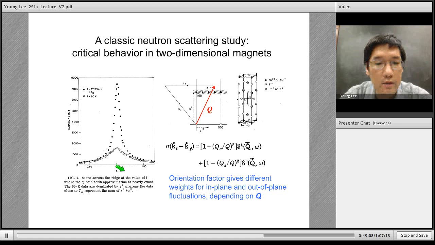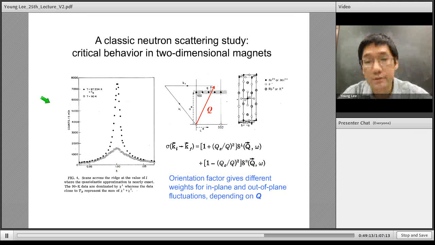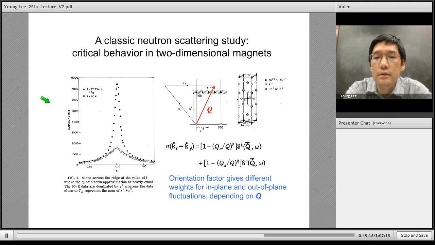And here are some more scans through the rod, and the analysis has some subtleties to it. One thing we have to note is that what you're seeing is a 2D Ising critical phenomenon. So it's only the component along this easy axis direction that has the 2D Ising criticality.